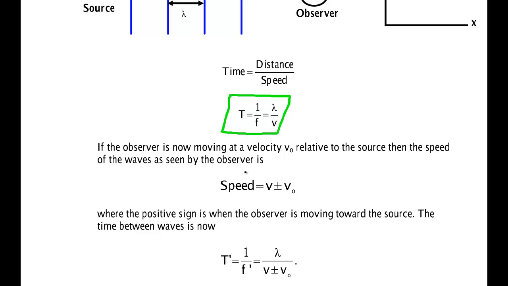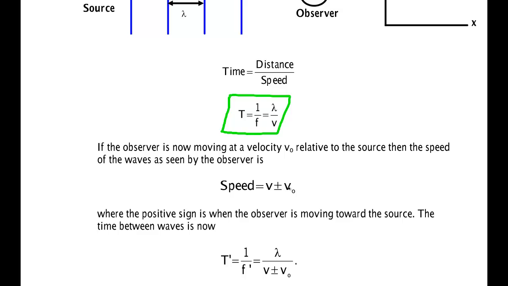If you don't see this, let me give you another analogy. A baseball's traveling towards you at 60 miles per hour if you're sitting in the batter's box. But if you run at the baseball, say at 10 miles per hour, then the baseball would now appear to you to be traveling at a faster speed, say 70 miles per hour. So the time it takes to get to you would be less. This is the same sort of phenomenon here.